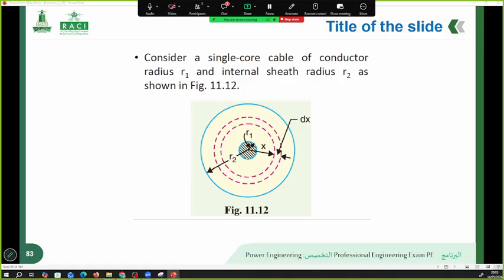By considering this small element, you can use integral calculus to determine the overall opposition to the radial flow of current through the entire insulating layer, a value that must be very high for the cable's safe and effective operation.